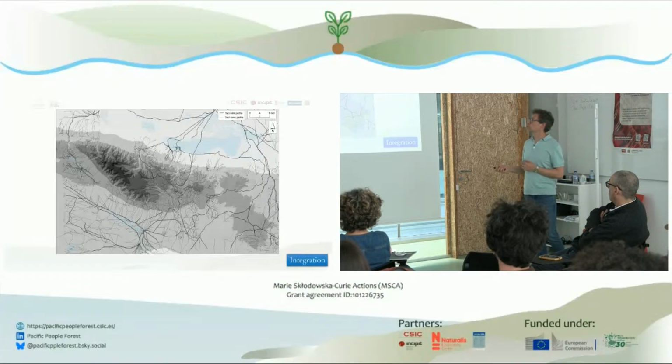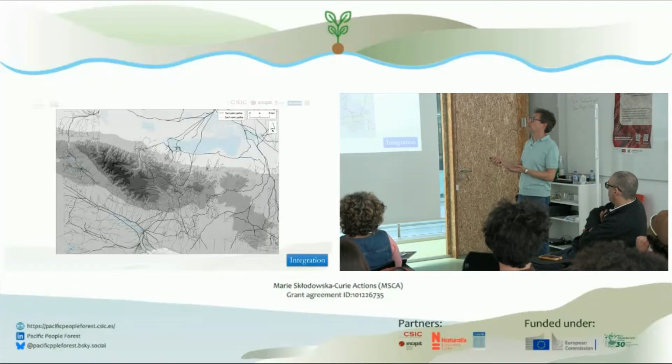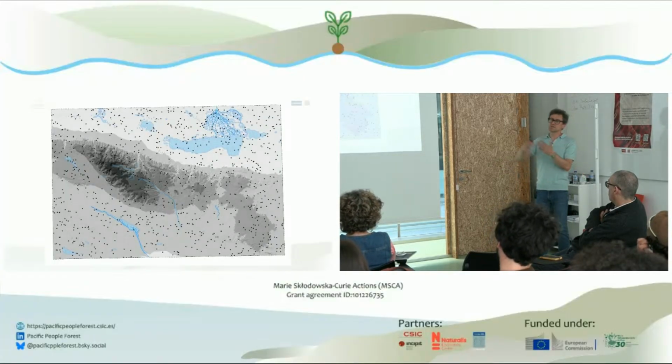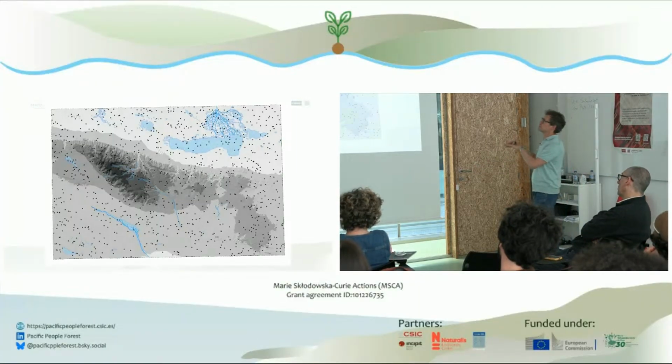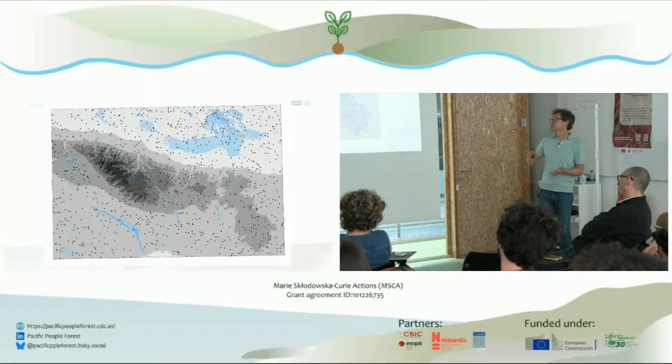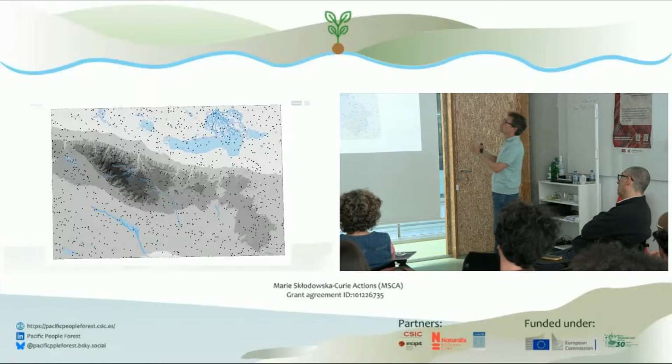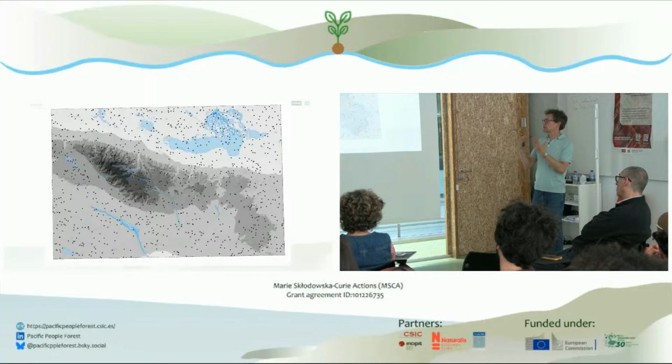A usual way of doing that in spatial analysis is comparing our data sets with a random distribution of points. So we can generate a random distribution of points and compare the distance of these points to the paths with the distance of the mounds to the paths, and see if the mounds are closer to the paths than the random distribution of points. And then we have a more solid basis to say that the mounds seem to be significantly close to paths or not.